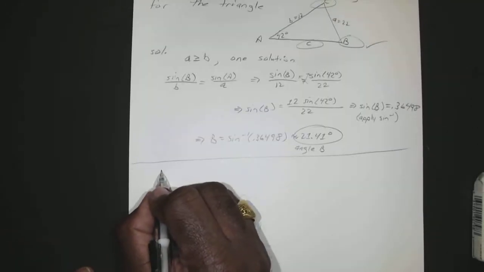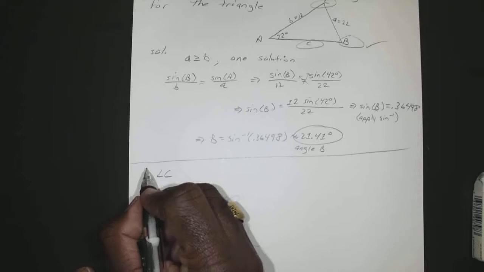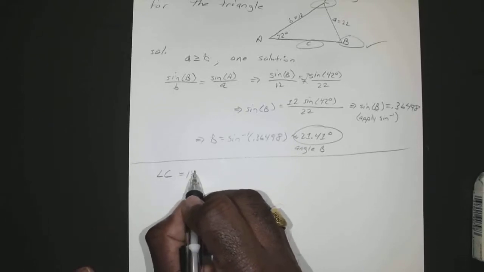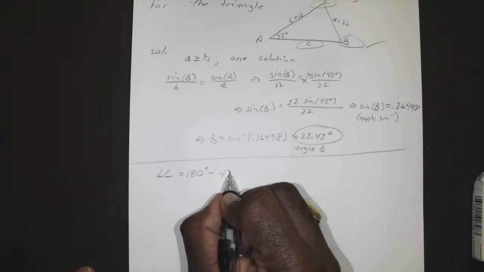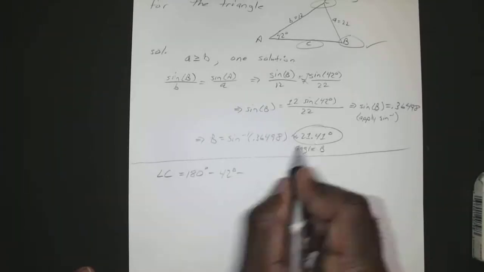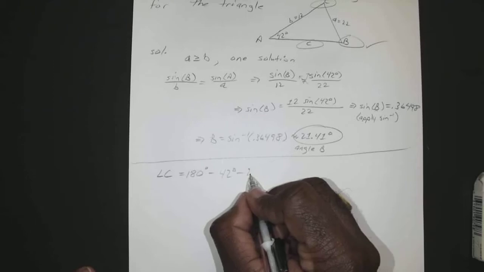So for angle C, we really don't have to use the law of sines again because we know two of the angles. So we just have to subtract them from 180 and we can solve for C. So angle C equals 180 degrees minus 42 degrees minus 21.41 degrees.